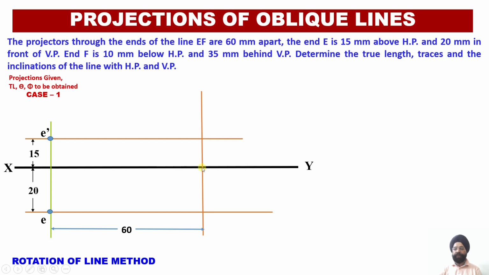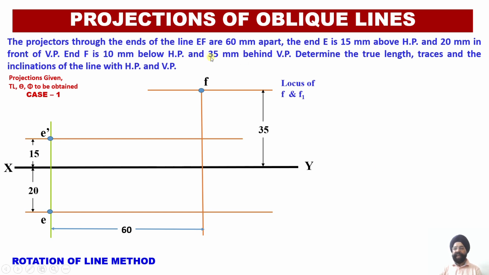Now let us draw the projections of the end F. So where are those projections going to lie? Now end F is 10 millimeter below HP. Now 10 millimeter below HP means this will be my front view. I'll mark point F dash over here.